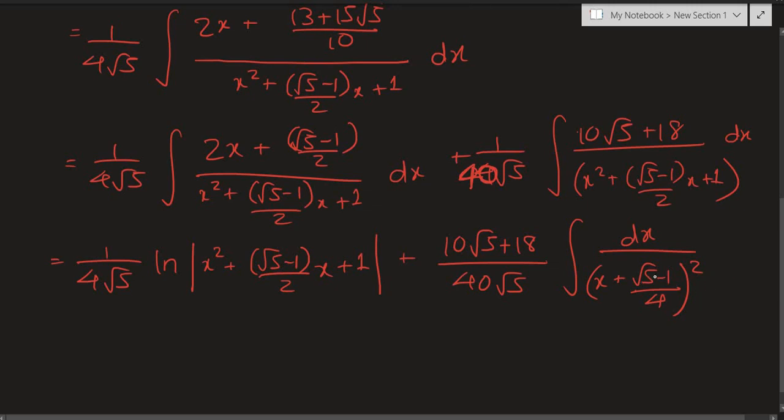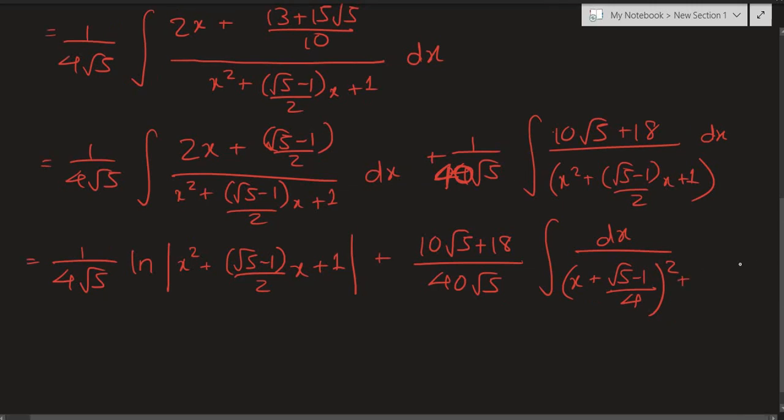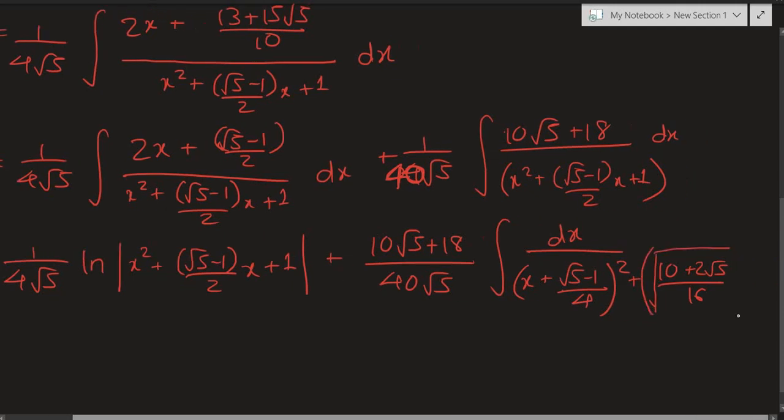So 1 minus this term squared is just going to be 10 plus 2 root 5 by 16, but I'm going to use some other properties, so I'm going to write this as the square of this root squared.